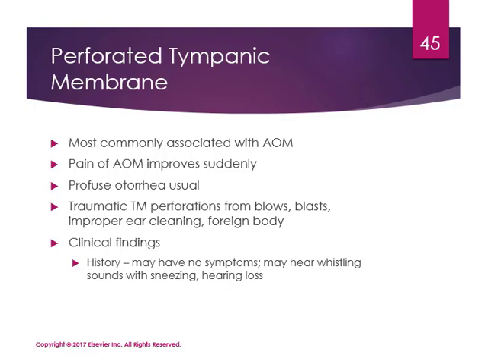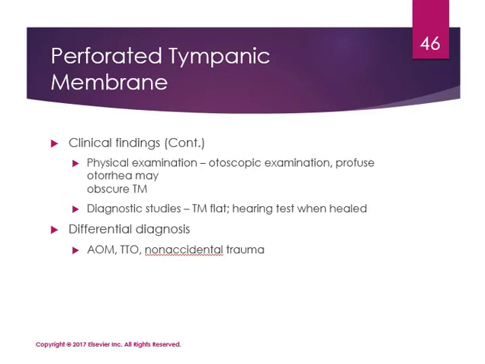Some clinical findings when you're going to assess for the history: you may not have any reported symptoms, but they may report whistling sounds with sneezing or some hearing loss. Clinical findings on your physical exam: you're going to perform an otoscopic exam, and you may see a lot of drainage that may obscure the tympanic membrane.